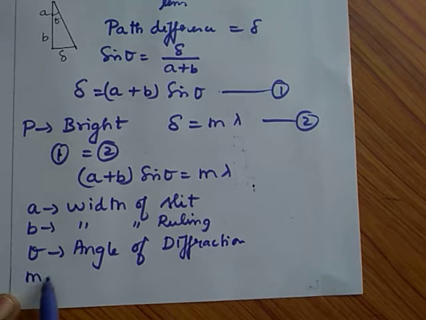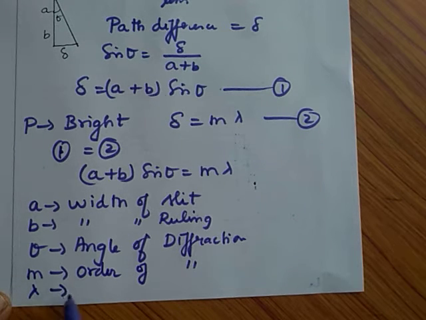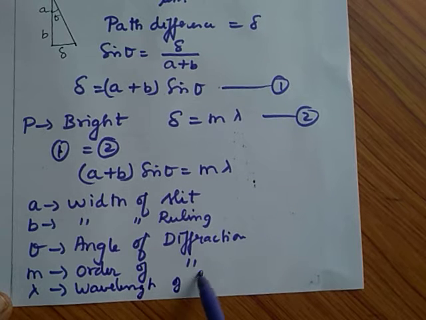And m is the order of diffraction. Here lambda is the wavelength of the monochromatic light. Here we use monochromatic light.